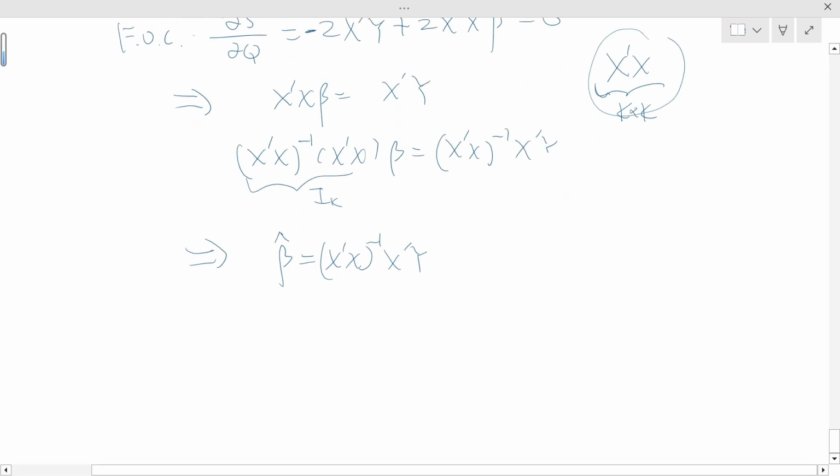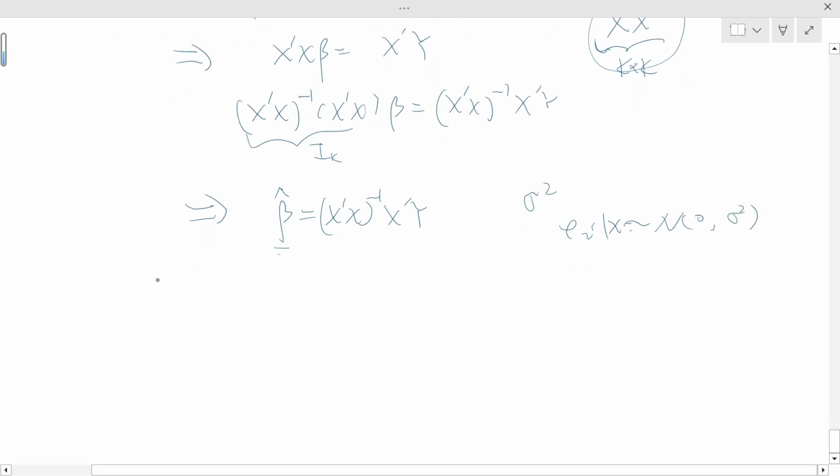Right, so we have an estimator for beta, and remember we also have another parameter, which is sigma squared. We say that epsilon i conditional on the data is normally distributed with mean zero and variance sigma squared. And remember we also have epsilon, which is epsilon 1, epsilon 2, and so on.